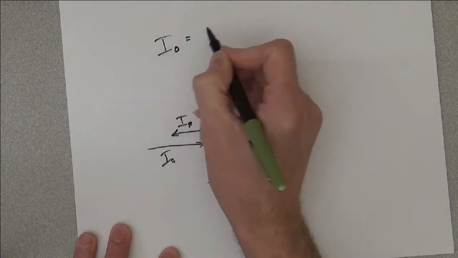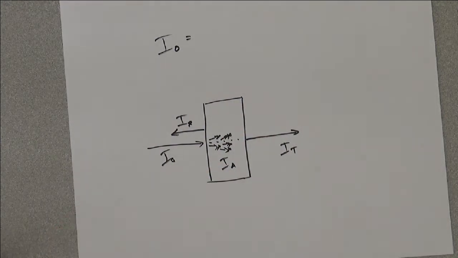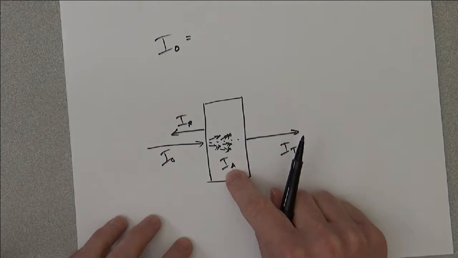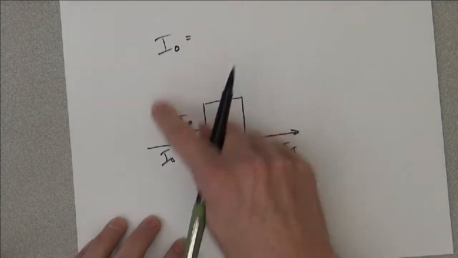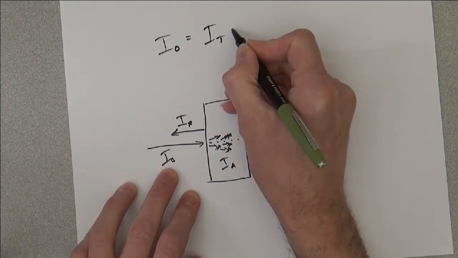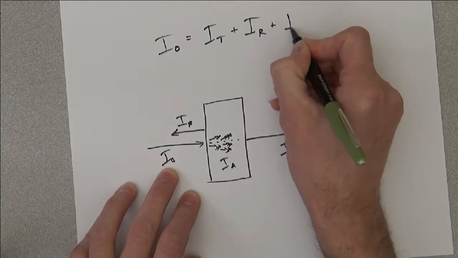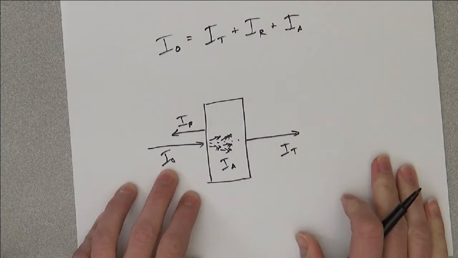So we can say that the total incident beam either is transmitted or reflected or absorbed.